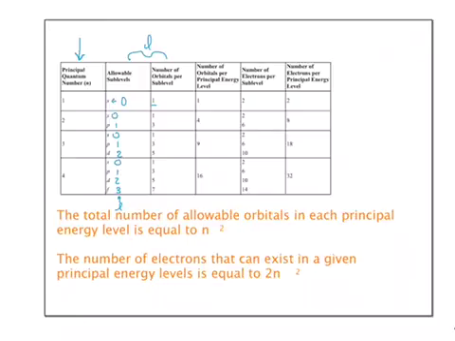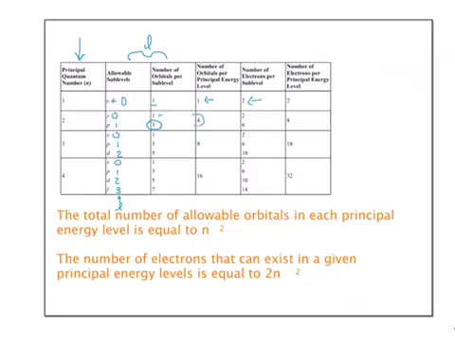Then we have the number of orbitals per energy level, and this is where we did the different shapes. With this S sublevel, there's only one possibility of shape, and so it can only hold 2 electrons because there's only one orbital. Whereas with our second energy level, we now have up to 4 orbitals per energy level, since P has those 3 different shapes or 3 different orientations, and this is just the sphere.